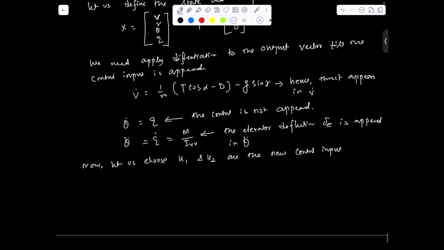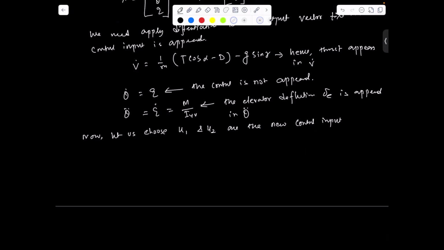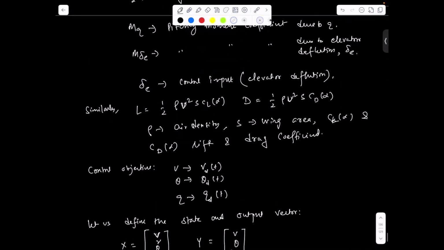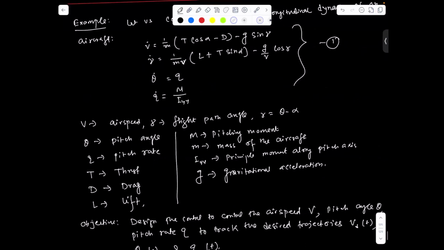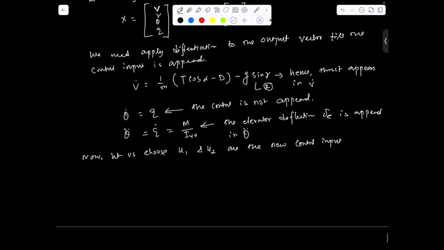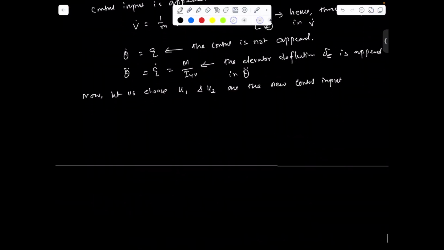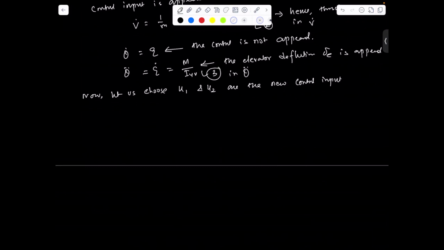Let me define this as equation number 1, for example. We have not defined the equation numbers yet. This is 2, and this is, for example, 3. This will be equation 3.